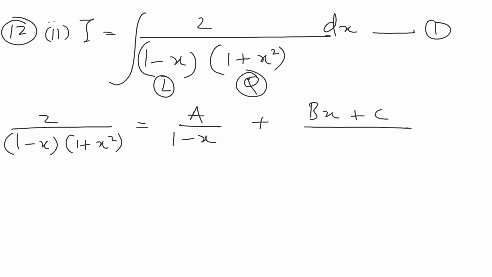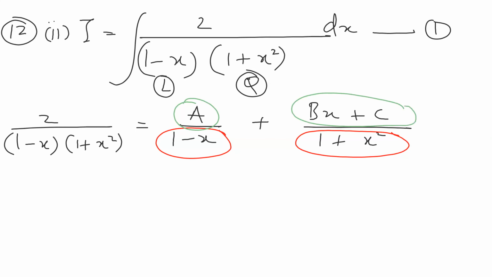So the quadratic factor is 1 plus x square. Above the linear factor, we are supposed to place a. Above the quadratic factor, we are supposed to place bx plus c. Basically, that's the format of partial fractions.